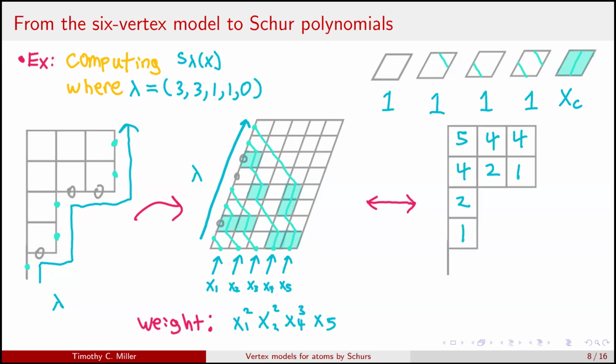So the way you get it is you just read the line. So the line starting in column 5 tells you how to fill in the top, and so on. Bam, bam, bam. And then you just sum over all of them to compute the Schur polynomial.